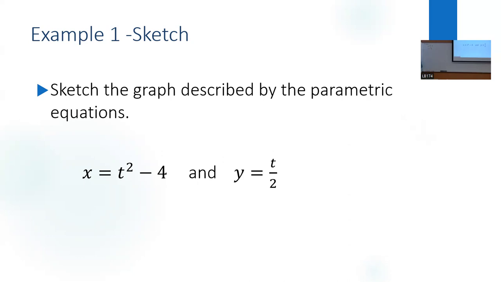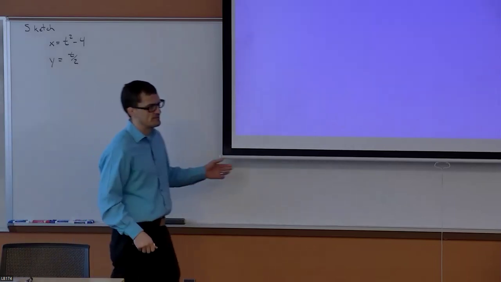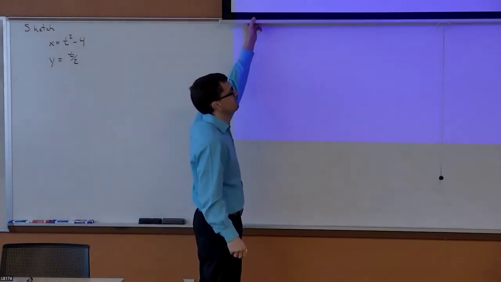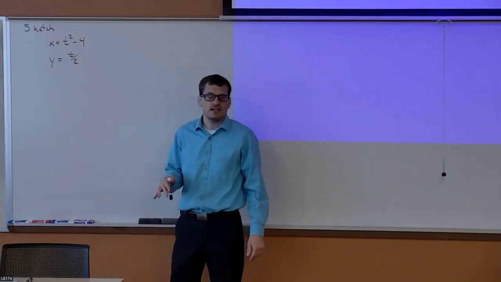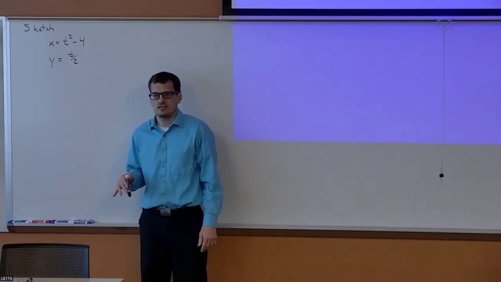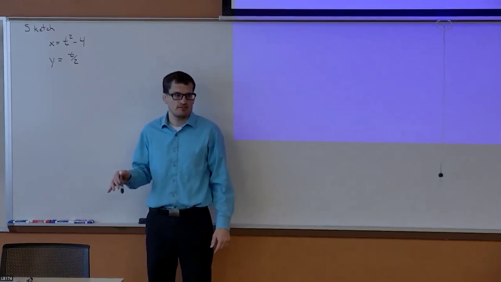Now there's a number of different ways to do the process of sketching a parametric. I'll show you a couple of different methods here in a minute. But the first method of sketching is finding a bunch of points.